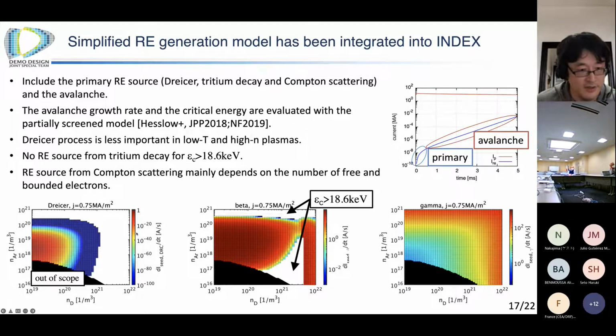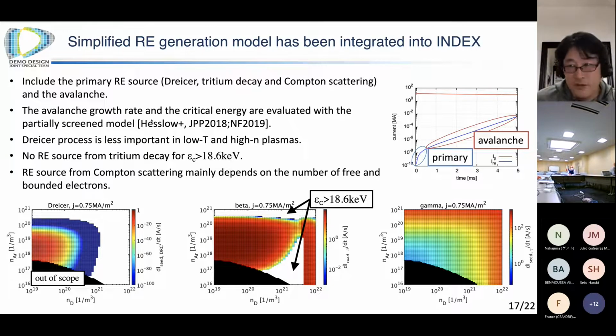This is a bit of a small topic, but in this cycle, we have implemented the runaway electron source model into the INDEX code, including both the primary runaway electron source and also the secondary avalanche generation. As I have shown in the previous slide, the avalanche growth rate has been benchmarked with the kinetic simulation. We have implemented the simplified modeling benchmarked with the avalanche growth model based on the kinetic simulation.